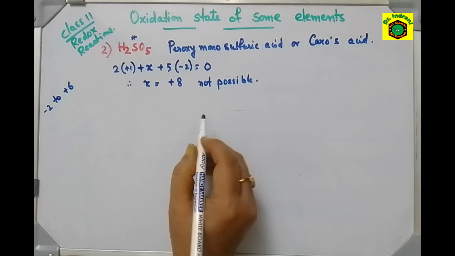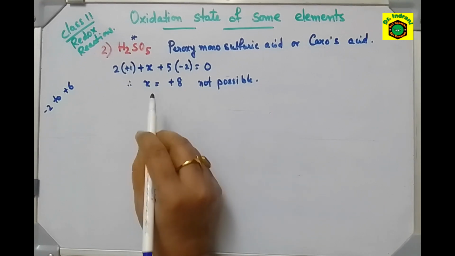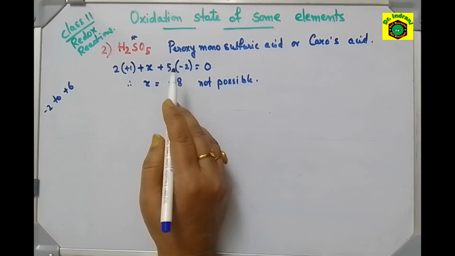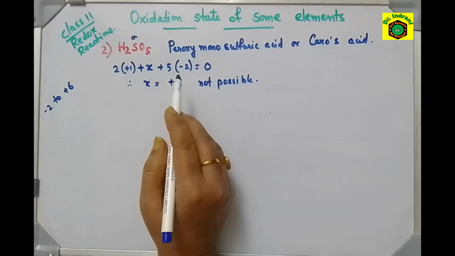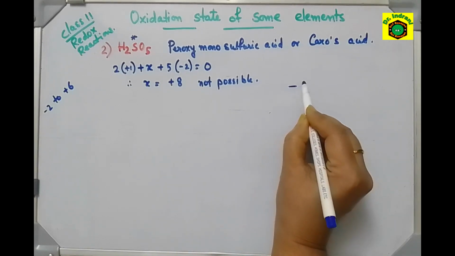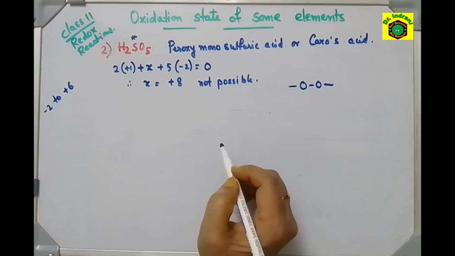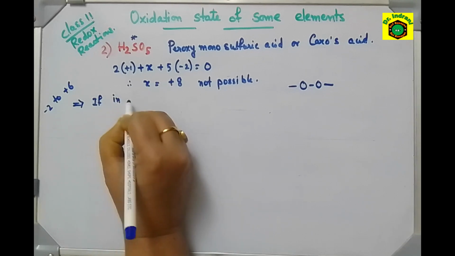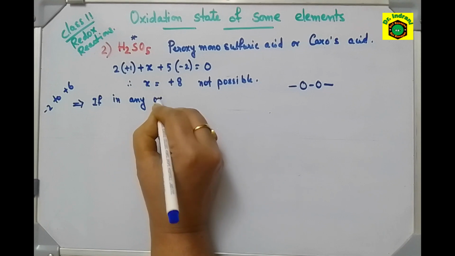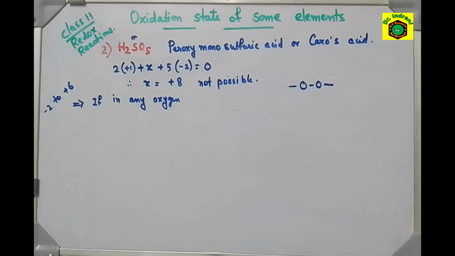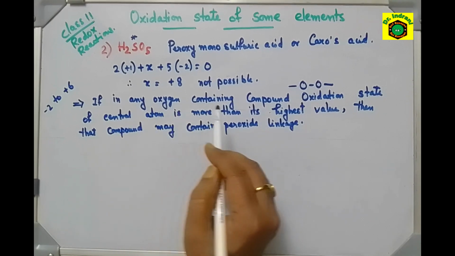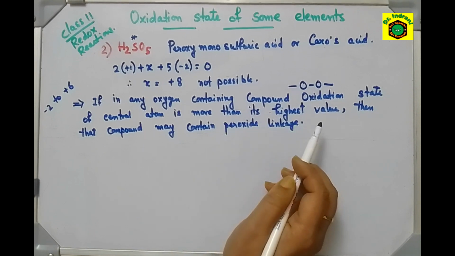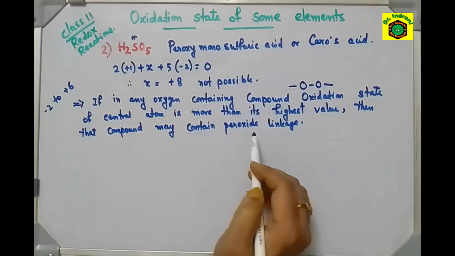If in any oxygen containing compound, the oxidation state of the central element is more than its highest value, then that compound may contain peroxide linkage. Peroxide linkage means this thing. So I am writing this. If in any oxygen containing compound, the oxidation state of the central atom is more than its highest value, then that compound may contain peroxide linkage.